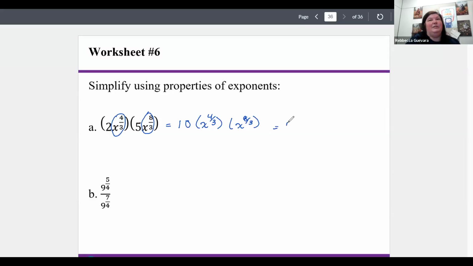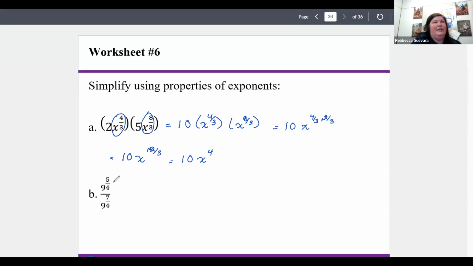Because we have those rules of exponents, that is 10 times x, the same base, we just add the powers. 4/3 plus 8/3. So that's 10 times x to the 12/3, and of course 12/3 is just 4, so that is just 10x to the 4th. And that one I can't do any more with.